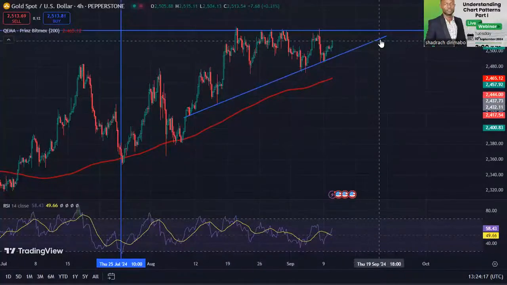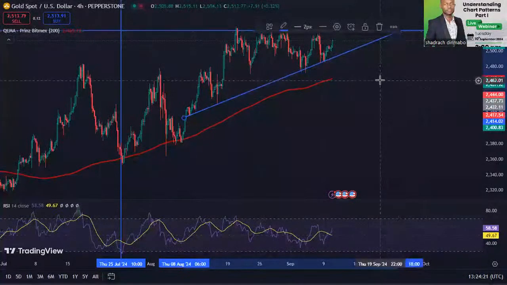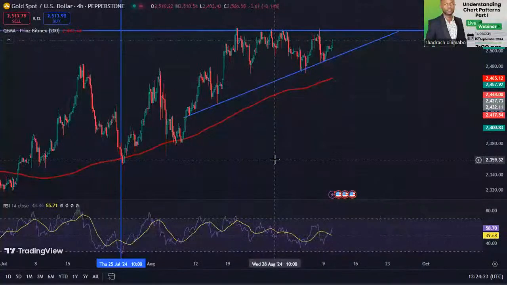Now, what do you notice here? Can we say that this is actually an ascending triangle? Okay.